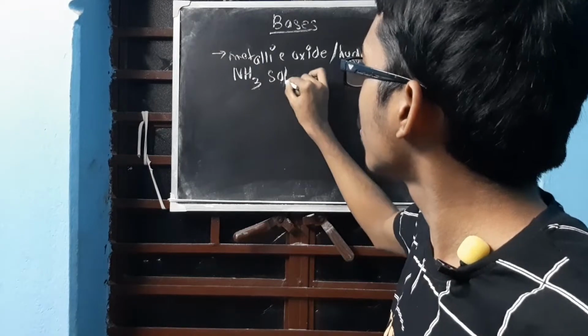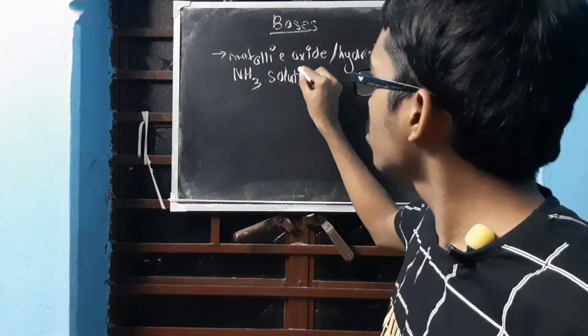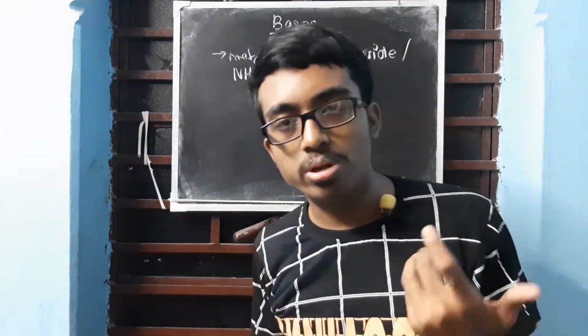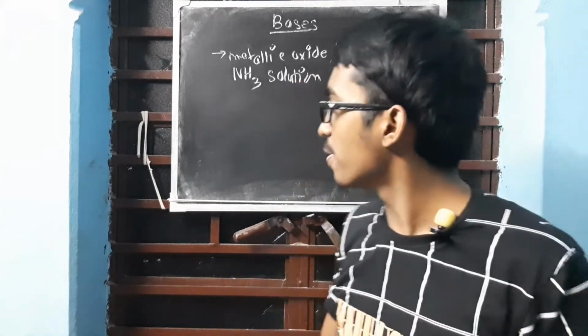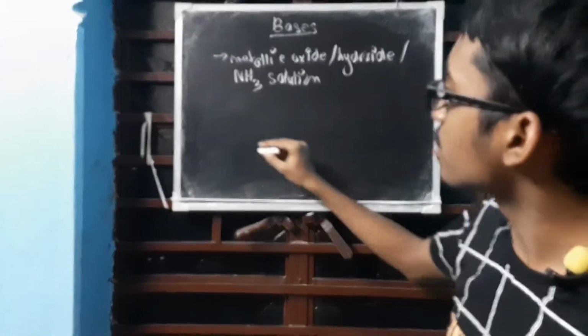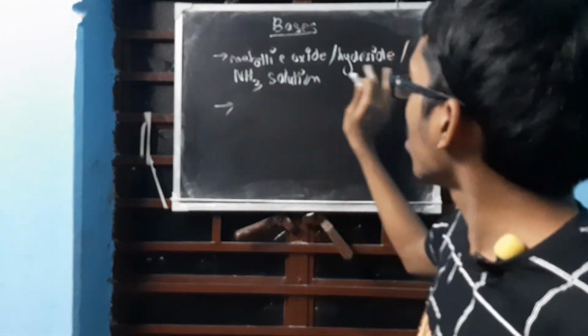Even an ammonium solution, like NH4OH or (NH4)2CO3 or (NH4)2SO4, these are all bases. This is metallic oxide, hydroxide.